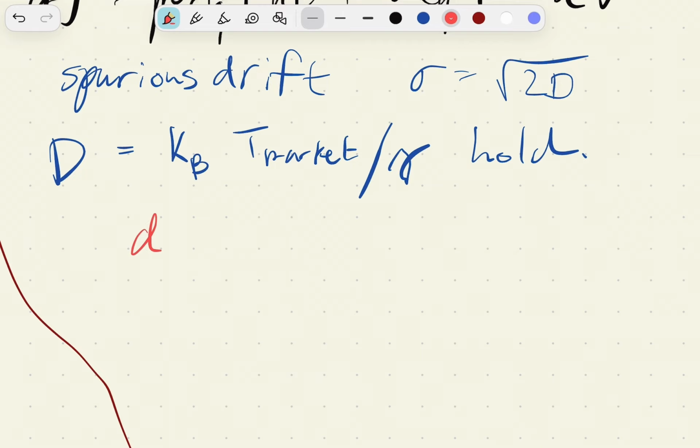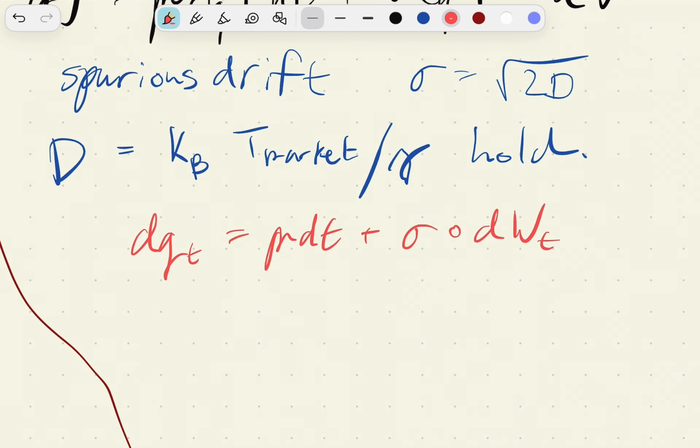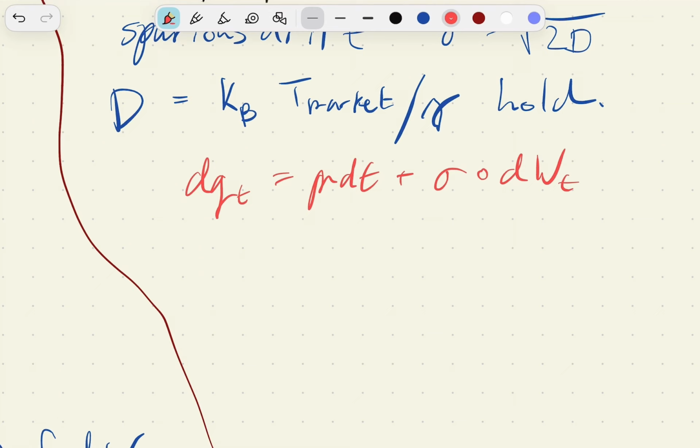Usually in the math books, they're like, this is left as an exercise to the reader. Well, I will leave this as an exercise to the video viewer to show that the resulting Stratonovich SDE will look like this.